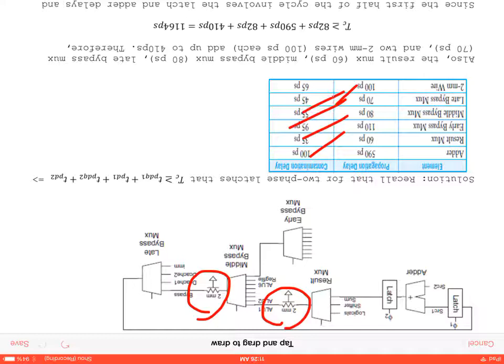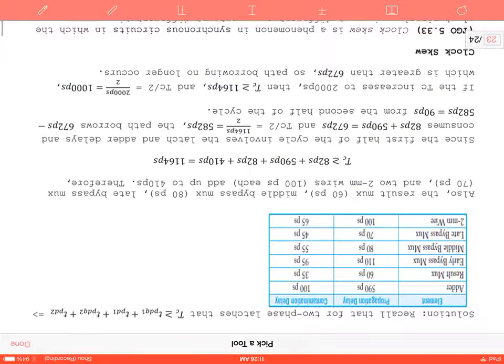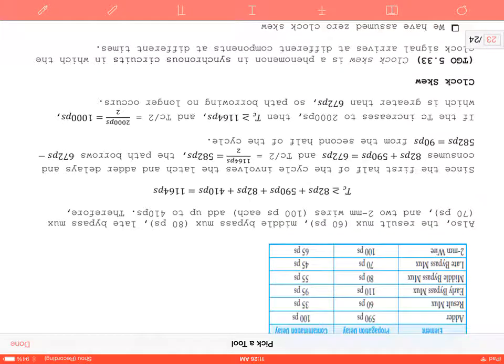So that comes out to 410. You add those up, and it comes out to 1,164 picoseconds. So does it make sense how I came up with this equation? So we have a two-phase latch, phase 1, adder, phase 2, everything else. Okay, so I kind of went through that explanation.